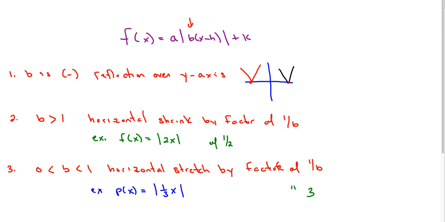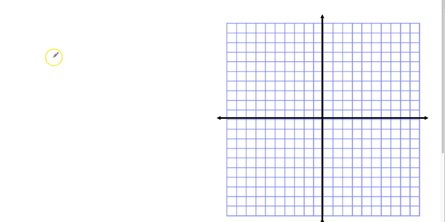Take a look at our first example. We have f of x equals negative times the absolute value of 2x minus 2. Oops, sorry, I'm going to call that g of x.